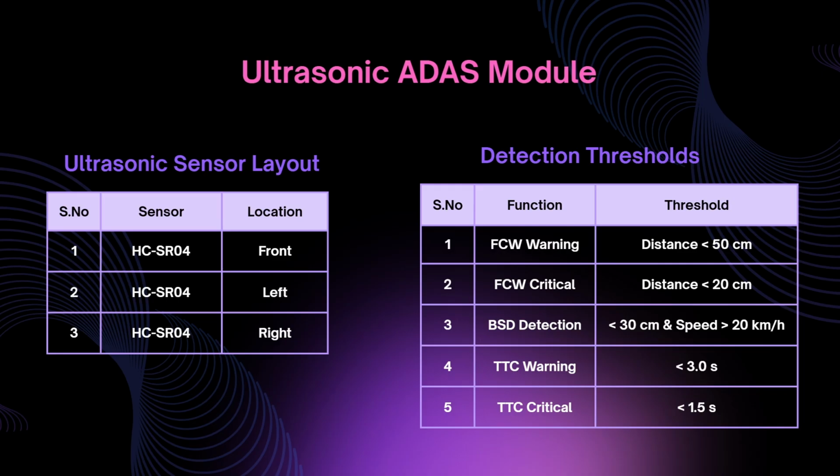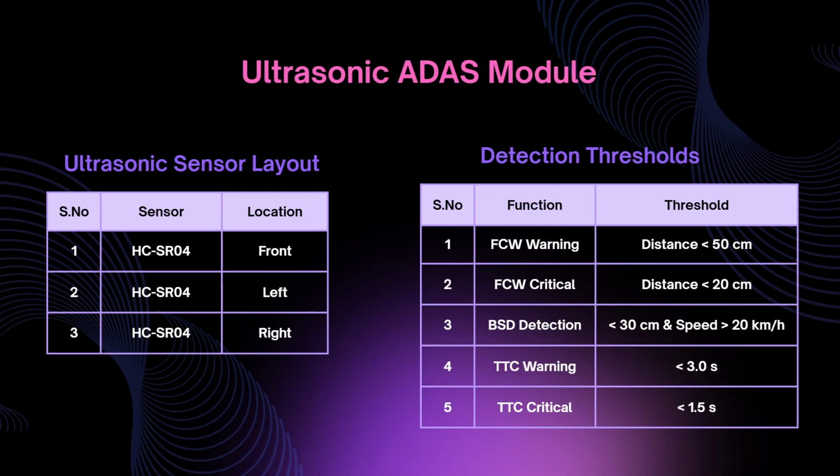So after calculating the vehicle parameters, the next important module is the Advanced Driver Assistance System, also known as ADAS. In this project, ADAS is implemented using 3 HC-SR04 ultrasonic sensors. As shown in the table, one sensor is placed in front, one at the left and right side.